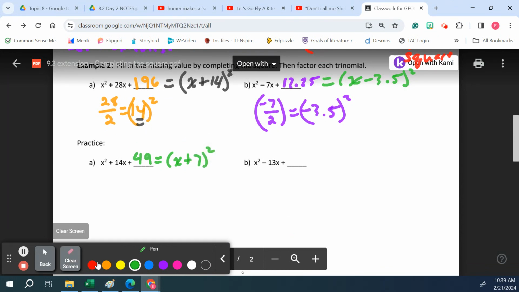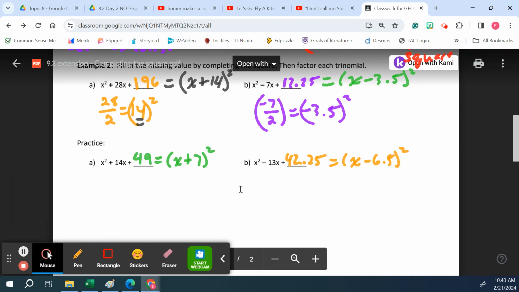You want to do the second one? Yeah, you did a good job. So what do we got here for this guy? 42.25. And then the factored form was x minus 6.5. Very good. All right. Questions on this?